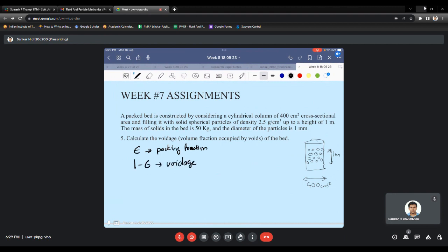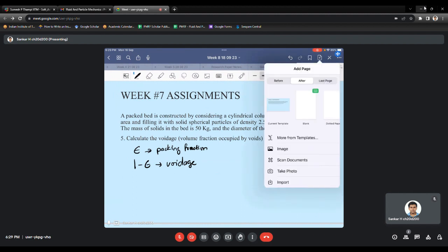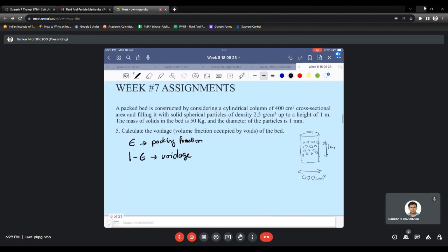And how we find the voidage is pretty straightforward. We just have to find the packing fraction, which is given by the volume occupied by the solids to the volume of the packed bed.